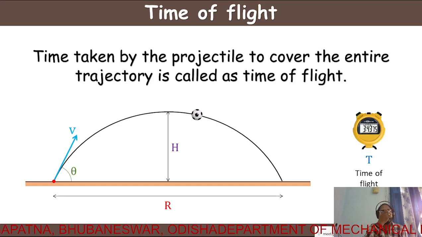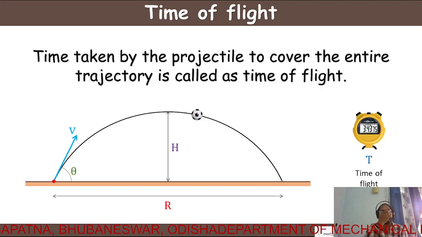H is the maximum height. Maximum height attained by the projectile, or you can say it is the maximum vertical distance traveled by the projectile. Whenever you are throwing a ball, clear? Let me show you here. Once you have projected the particle from here with a certain velocity v and with a particular angle theta, clear?